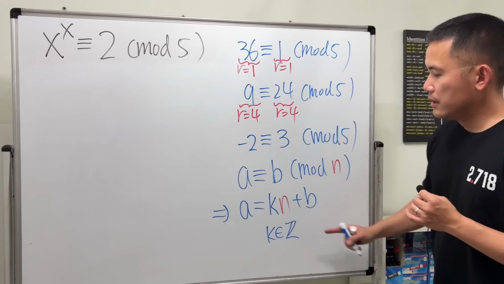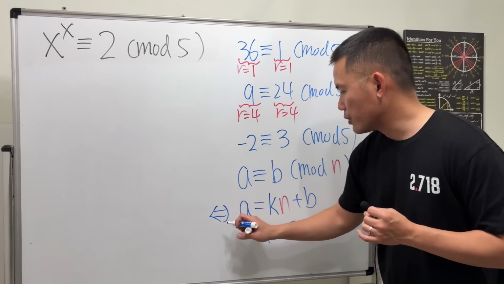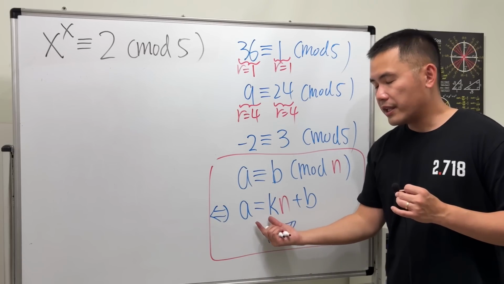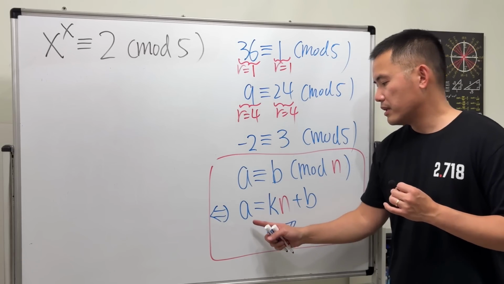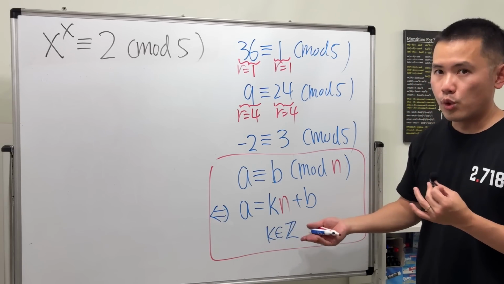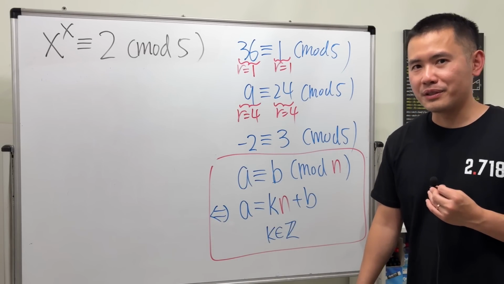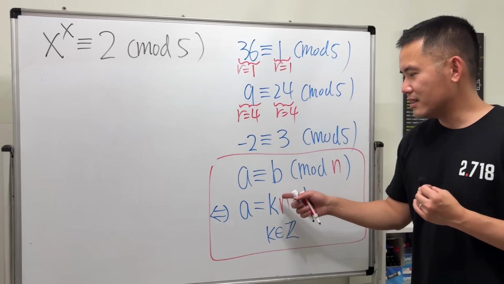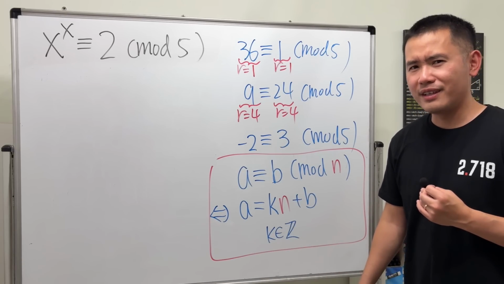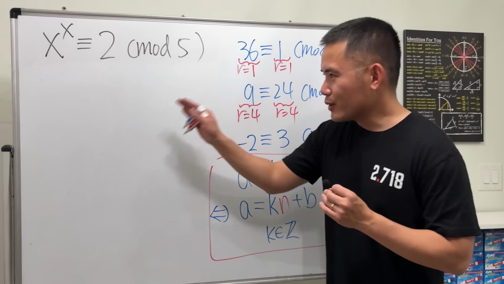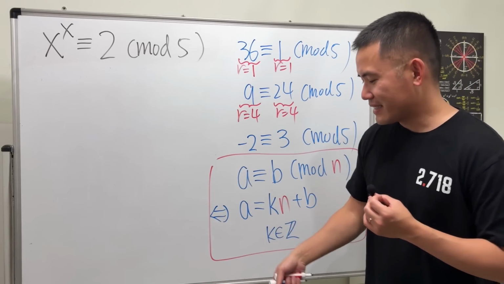So this implies that, and of course we can also do it backwards. This right here might be easier to work with because this is the usual equation that we are more familiar with. And this congruence, well, I haven't done a video on this for a while. The last time I did a video on this probably was in 2019. So, we'll see. And then along the way, I'll also give you guys some more facts.